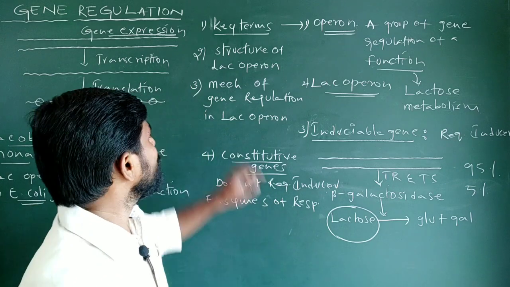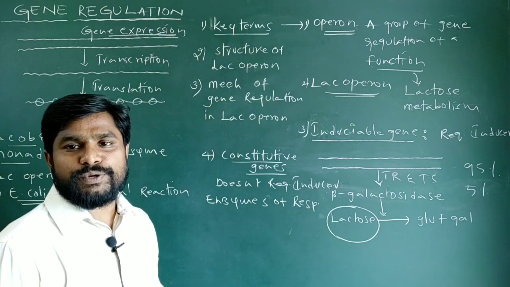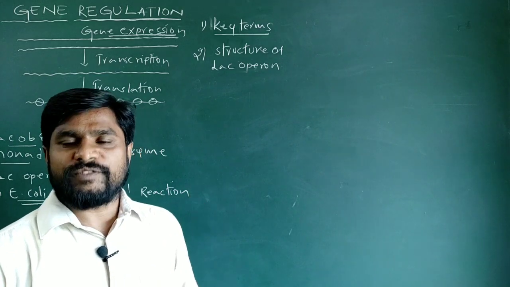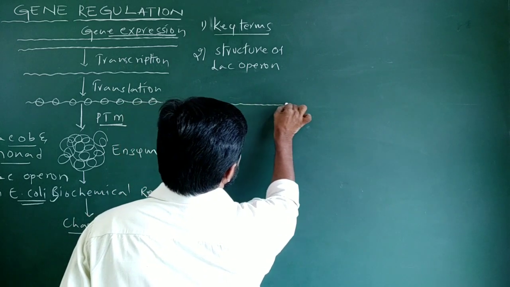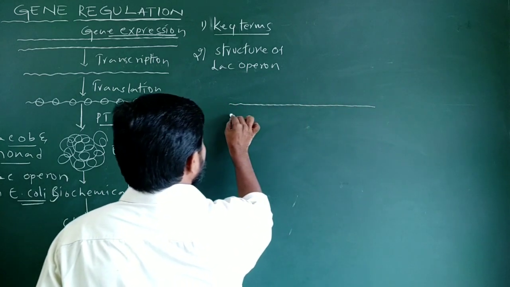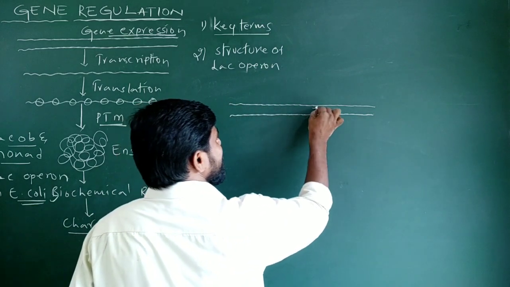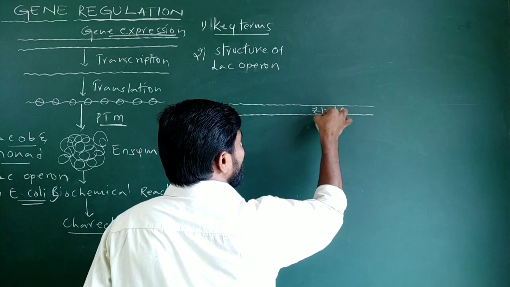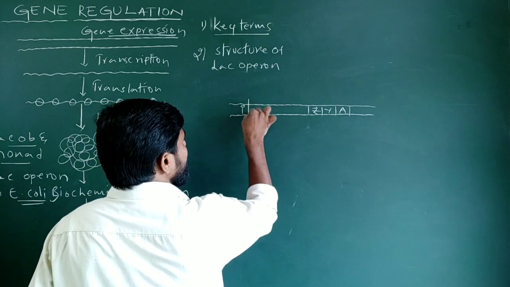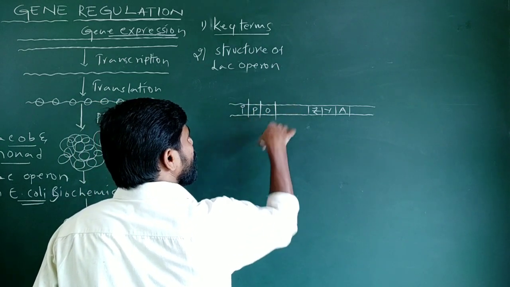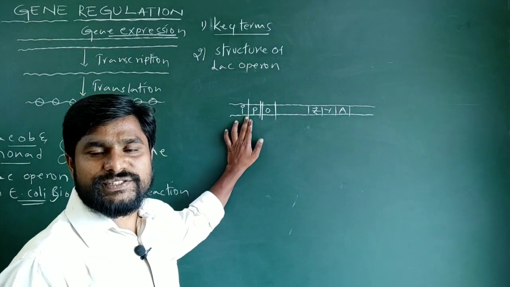Now let us move on to the second heading of gene regulation, that is structure of lac operon. The lac operon includes two types of genes, structural genes and regulatory genes. Suppose for example this is the segment of DNA of the lac operon, and Z, Y, A are the three structural genes. I inhibitory gene, P promoter gene and O operator gene are the three regulatory genes.